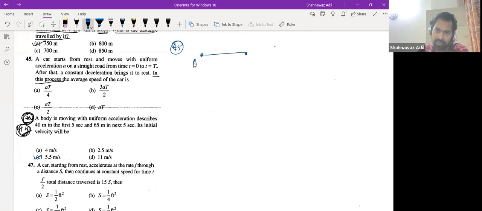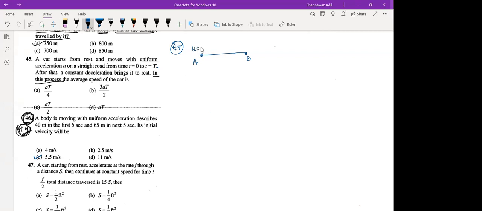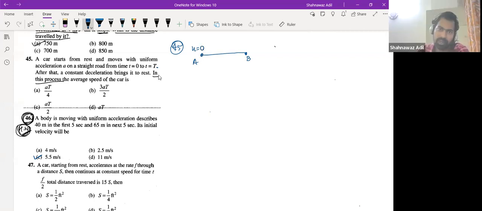We have these 2 points, and the car starts from rest. So what is the initial velocity or speed? 0. Zero, right? This is 0, and the acceleration is given as a, and time is also given. Time is t. So this much information is given, right?